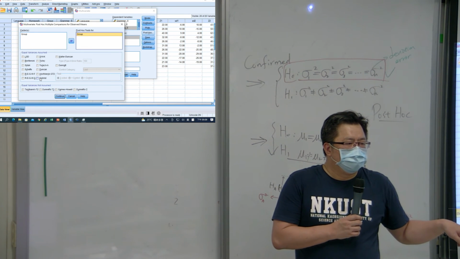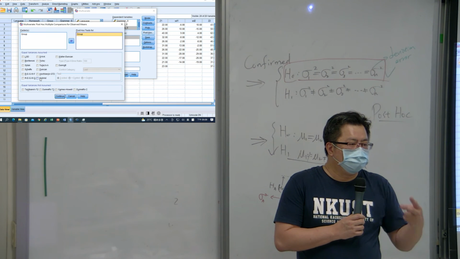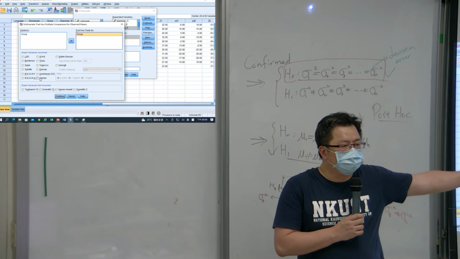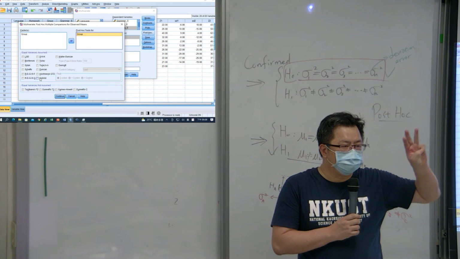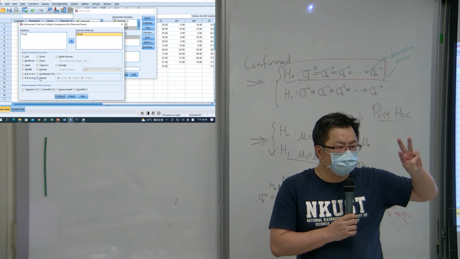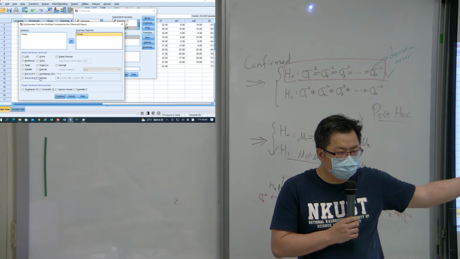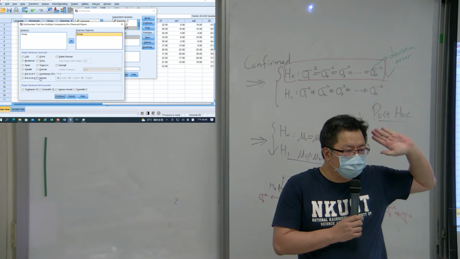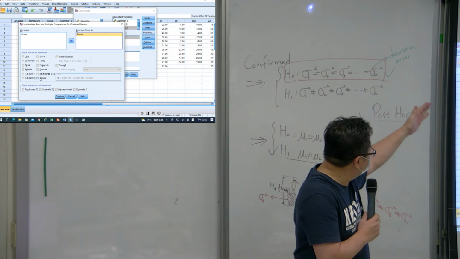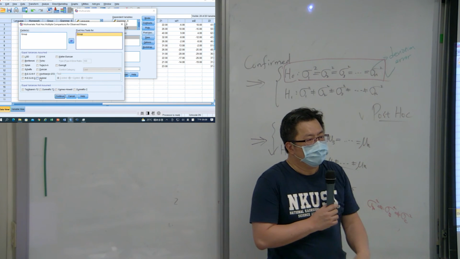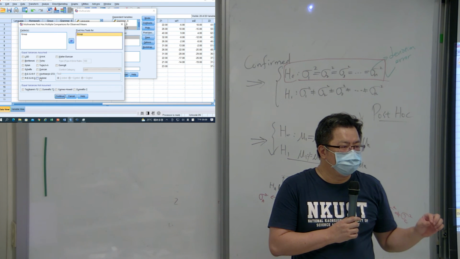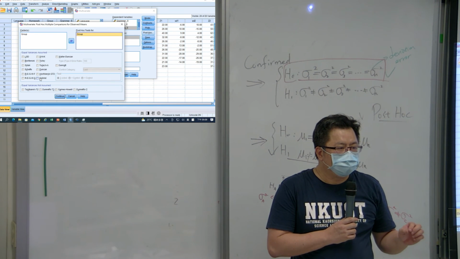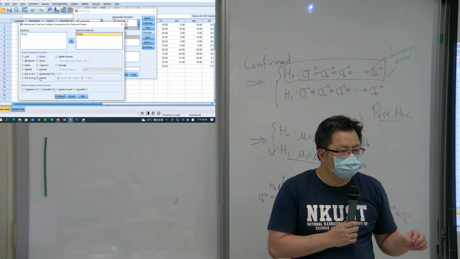Because in our example we only have two groups, so we don't need to do the post hoc. If we have three or more populations, or three or more means, we have to do the post hoc. There are many methods to help us do the post hoc, but they all have some assumption or limitation.